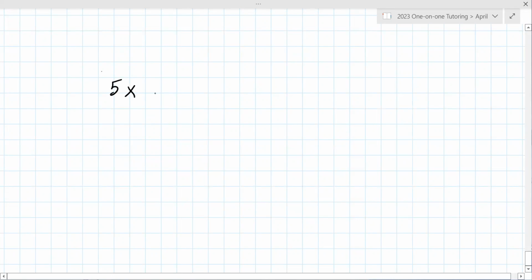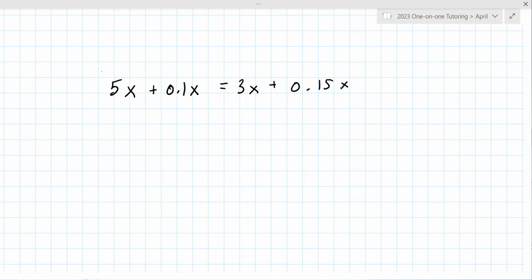So let's go 5x plus 0.1x equals 3x plus 0.15x. Yeah, that looks good. That'll work out. 0.15x.